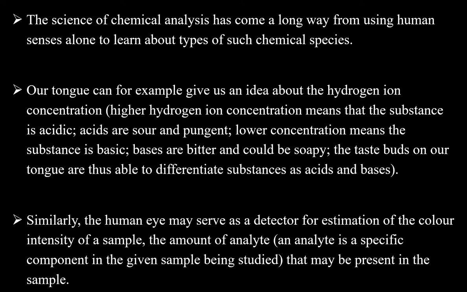A higher hydrogen ion concentration means that the substance is acidic. Acids are sour and pungent. A lower concentration of hydrogen ions means the substance is basic. Bases are bitter and could be soapy. The taste buds on our tongue are thus able to differentiate substances as acids and bases.